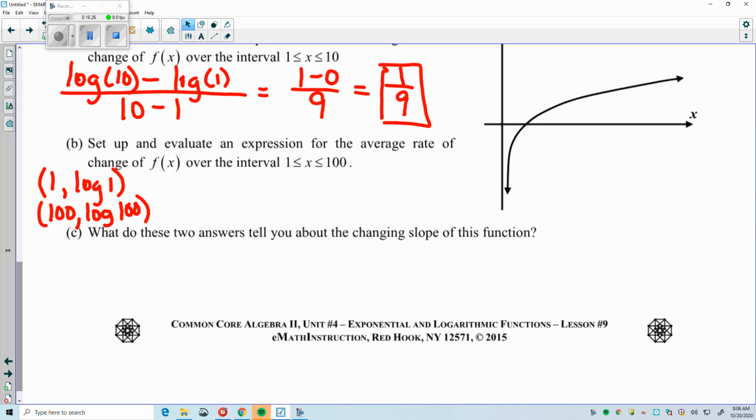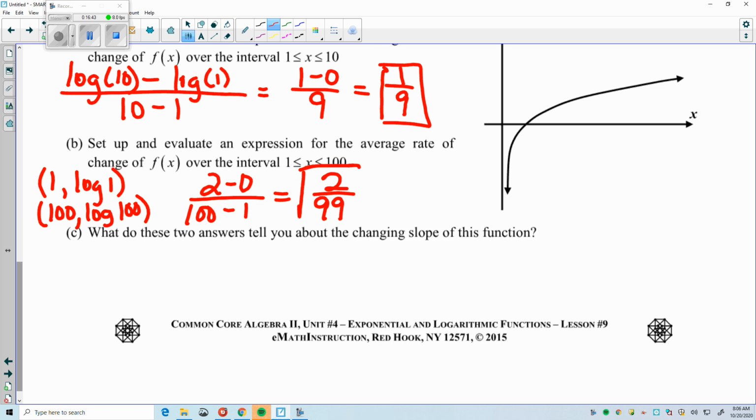And again, we could do this with exponential functions. So I would have log of 100 minus log of 1, so 2 minus 0 over 100 minus 1. And if we simplify, we get 2 over 99. So notice a different rate of change, which should make sense because it's not a line.